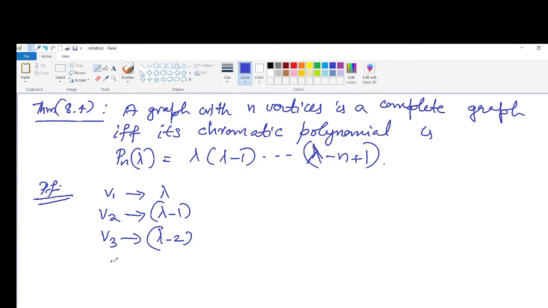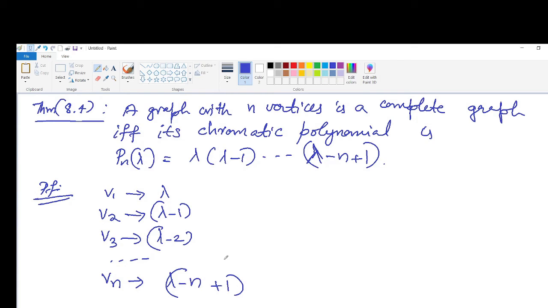And finally the nth vertex can be colored in lambda minus n plus 1 ways if and only if every vertex is adjacent to every other vertex. That is, if and only if the graph is a complete graph, and hence the proof.